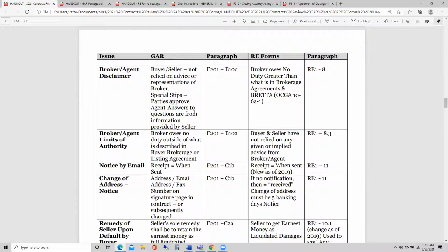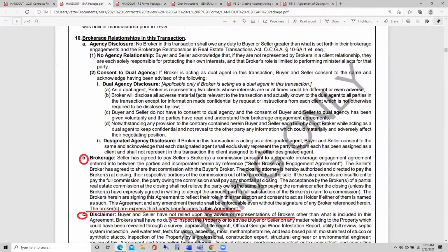Now, under the broker's agent disclaimer and limits of authority section, this is the protection paragraph for you guys as affiliated licensees and your brokers. Under the GAR contract, it's all under the paragraph on brokerage relationships in this transaction.